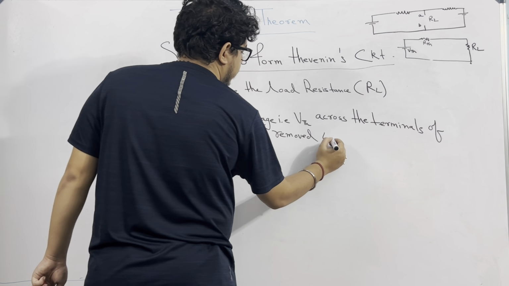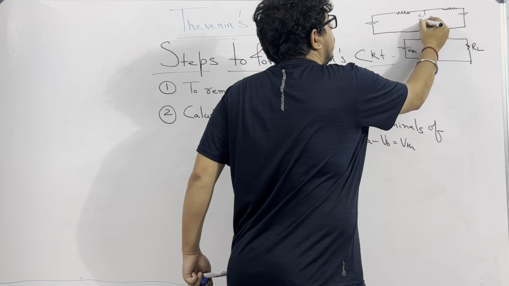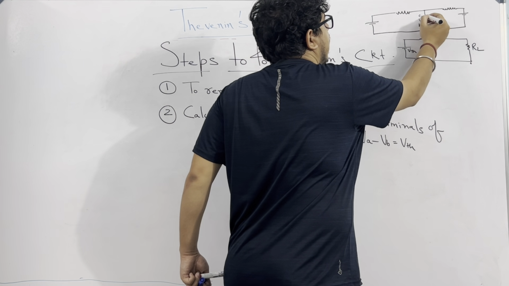So what is my step 2? Step 2 is to calculate VA minus VB for the example. After removing the load which was present here, I have to find the voltage drop between two terminals.